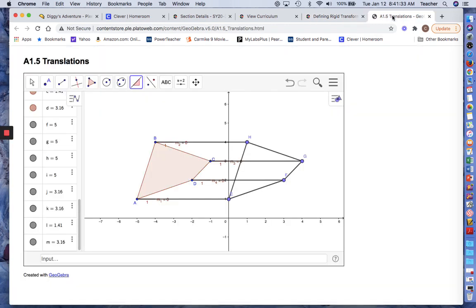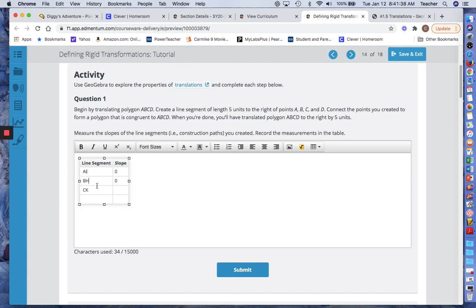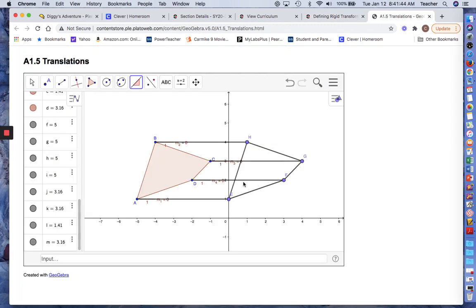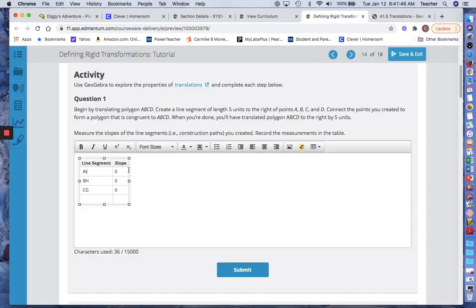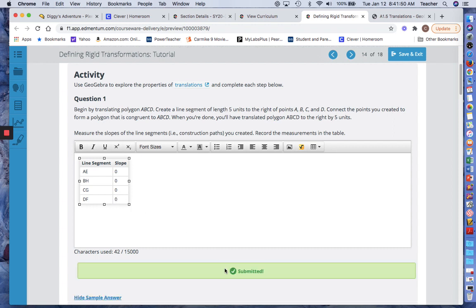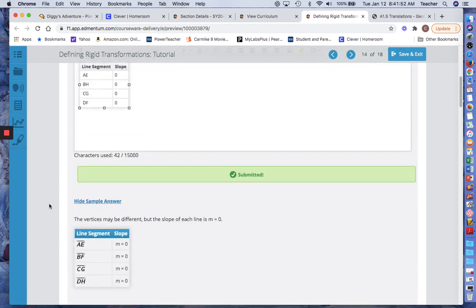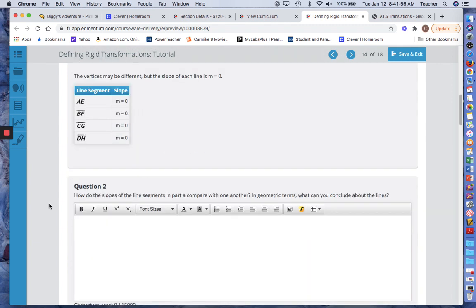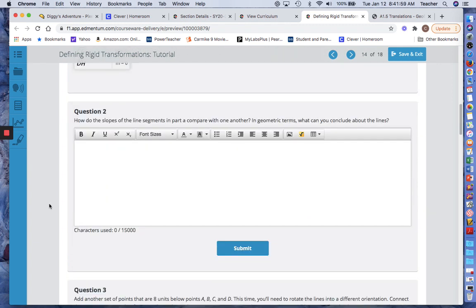So A to E, B to H, C to G, 0. And last one was D to F. D to F was 0. All right. Easy breezy. Hey, slopes of zeros. All horizontal lines have a slope of 0. By the way, all vertical lines have undefined slope. So you would just put undefined or no slope.